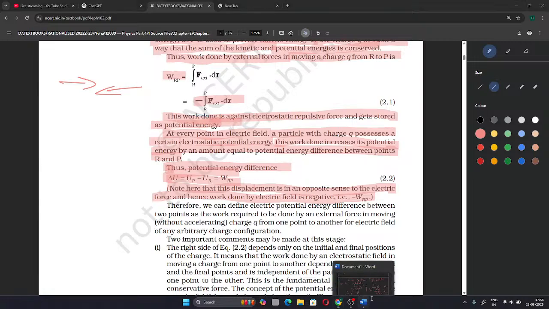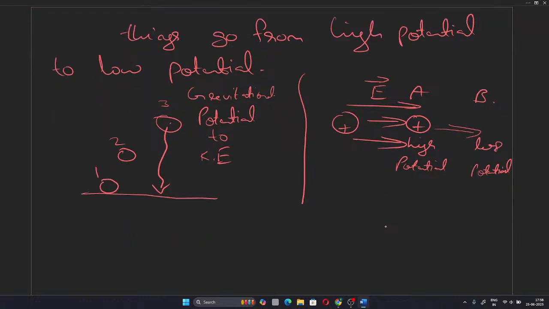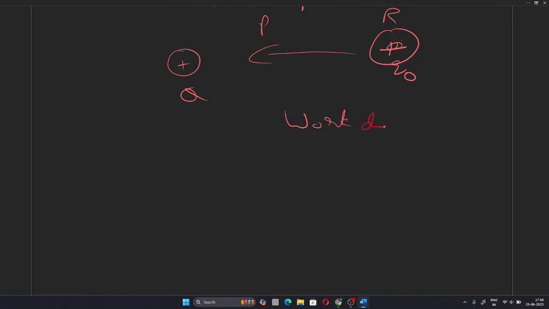The potential difference, how should we calculate it? We saw that when positive charge q naught is going to the main charge q from point R to P, work is done. Let's call this WRP. This work done is equal to the change in potential energy. Why is that?